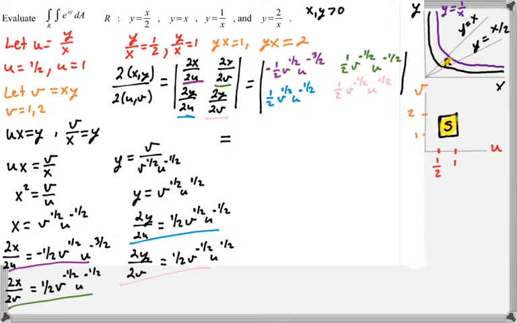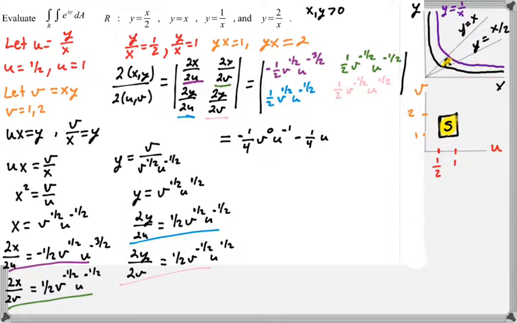Okay, and let's go ahead and find the determinant. So we're going to have negative 1/2 times 1/2, which would be negative 1/4. V to the 1/2 times v to the negative 1/2 would be v to the 0. U to the negative 3/2 times u to the 1/2 would be u to the negative 2 over 2, which is just u to the negative 1. Okay, minus 1/2 times 1/2 is 1/4. v to the 1/2 times v to the 1/2 would be v to the 0.